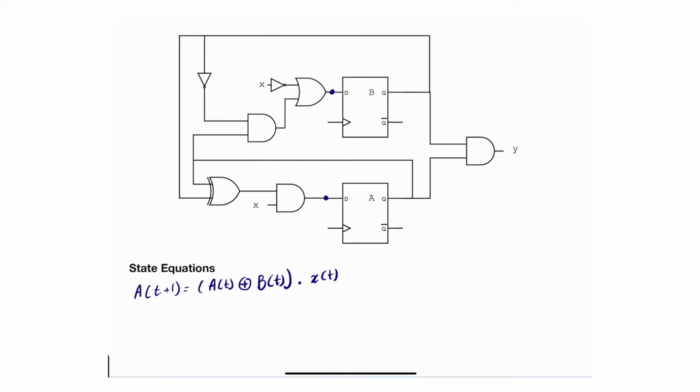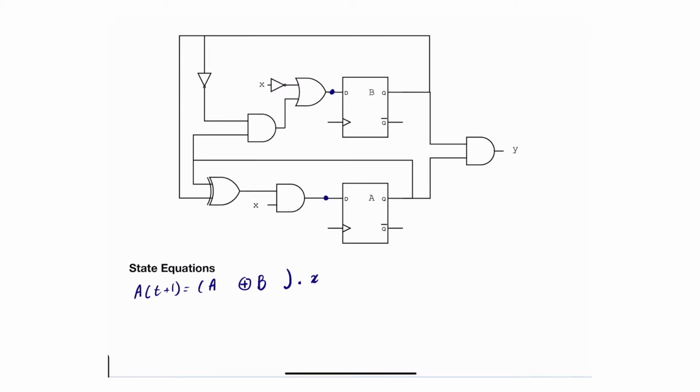For the sake of brevity, so that we don't have state equations that are too complicated, I will assume it is implied that whatever comes on the right-hand side of the equation, or rather this is not an equation, this is more of an assignment, is the current value. So I'll just omit the of t, of t, of t to clean it up, because it is implied.